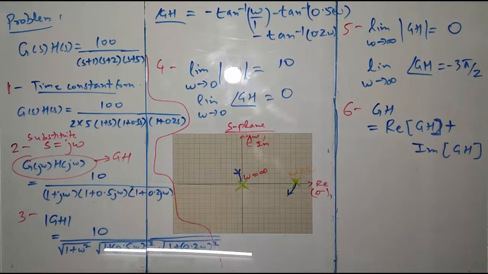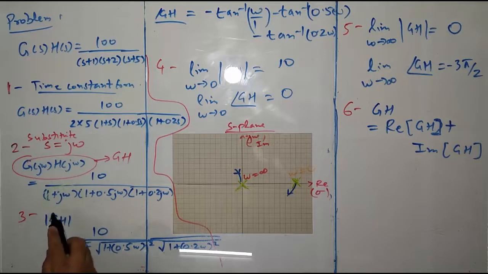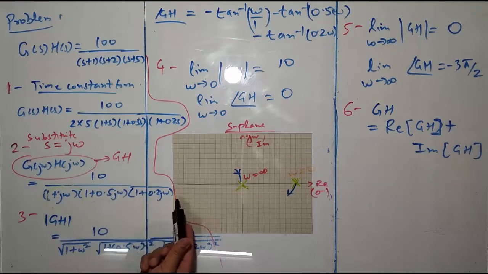This can be done by multiplying with the complex conjugate of the terms which exist in the denominator of GH in complex form. For example, you have terms like 1 plus j omega. So you'll be multiplying and dividing by 1 minus j omega, so you'll have a term 1 minus j omega in the numerator as well as the denominator.